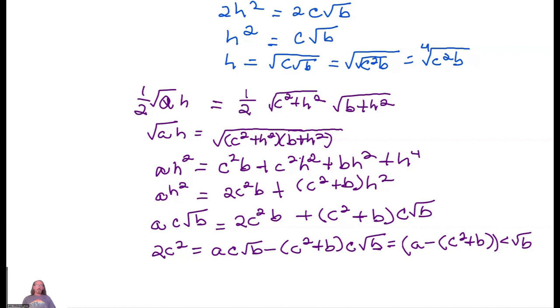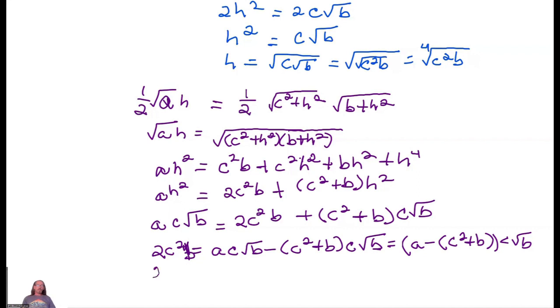So C squared B remains over here. Divide both sides by C square root of B. Again, B and C are positive, so the square root of B is also going to be positive. You're not dividing by 0. It's going to cancel the C, and B over the square root of B, when you rationalize the denominator, will give you the square root of B.